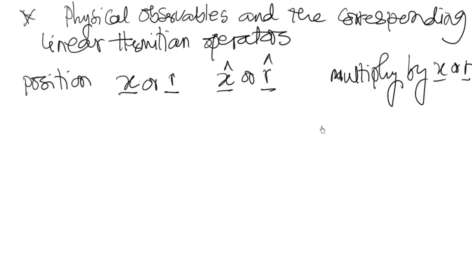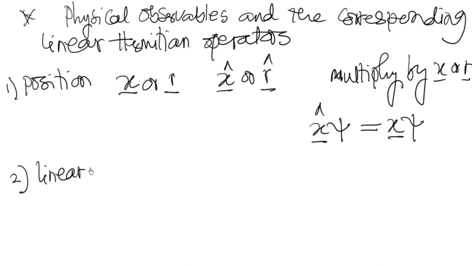For example, if we have the position operator and it operates on a state function psi, then it will just be multiplied by x. Similarly, if you consider linear momentum, it is denoted by small p, and the operator is small p hat.